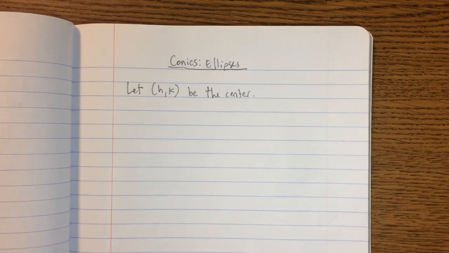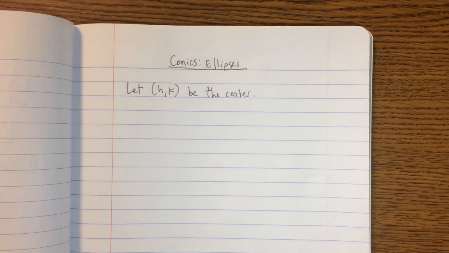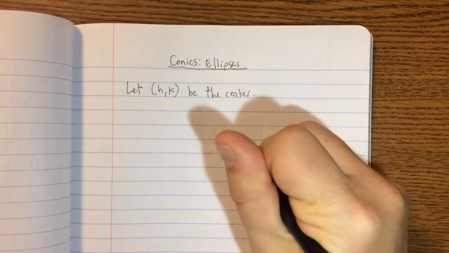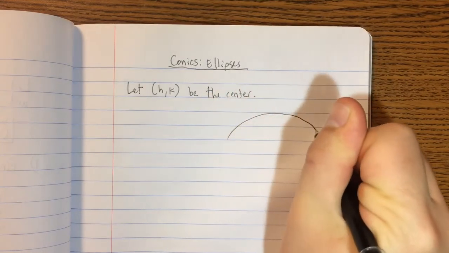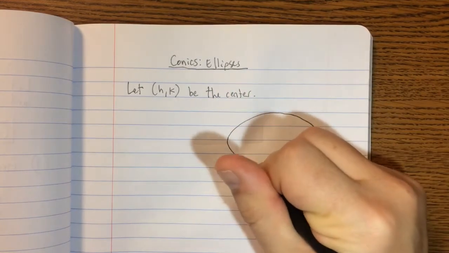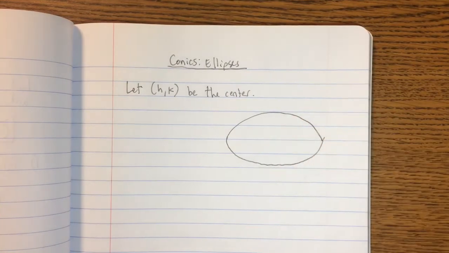Now these ellipses are going to have two different axes. We're going to call them the major axis and the minor axis. Essentially, unless it's a circle, the ellipse is going to be longer either up and down or left and right. And depending on which way the ellipse is oriented, your equation is going to look just slightly different. So you can have an ellipse, like an oval, which is longer than it is wide, right?